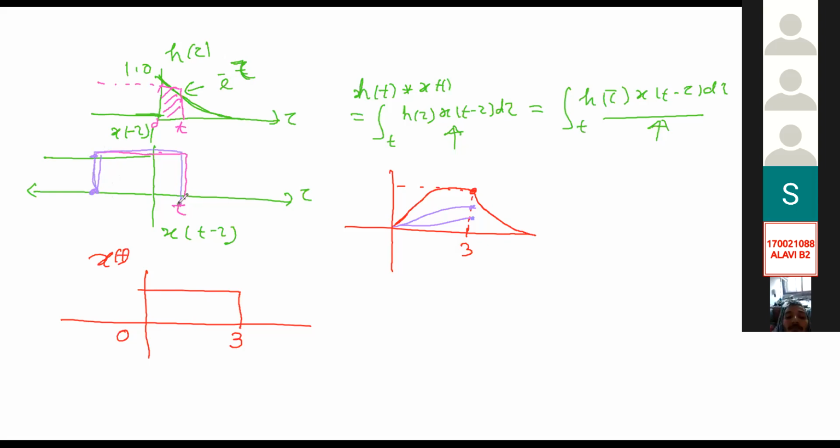This is your T, and that would be equal to minus T plus 3, okay? When this trailing edge, for example, will coincide with 0, when this edge of the pulse will be coinciding, T plus 3 equal to 0, that means T equal to 3. So at t equal to 3, it is coinciding.